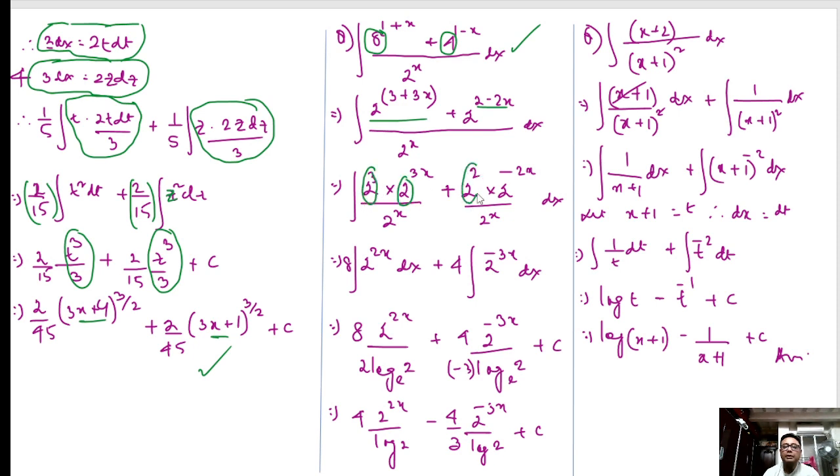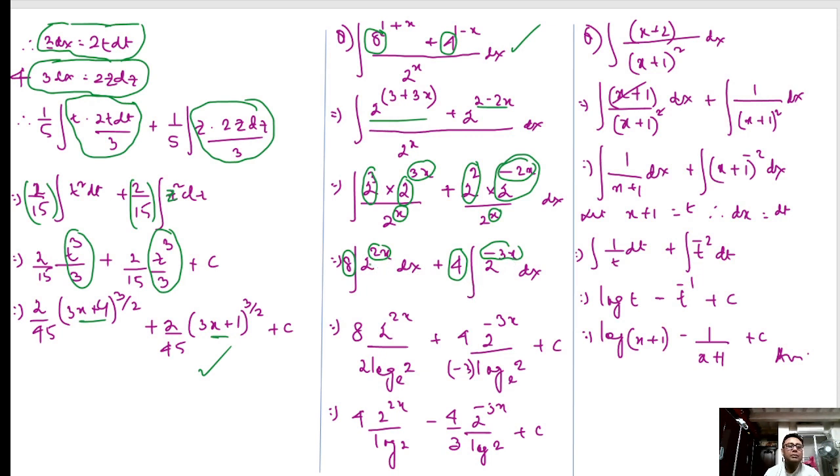So 8 goes out, and 4 goes out, by 2 to the power x. So 2 to the power 3x by 2 to the power x is actually 2 to the power 2x, and 2 to the power minus 2x by 2 to the power x will give you 2 to the power minus 3x.